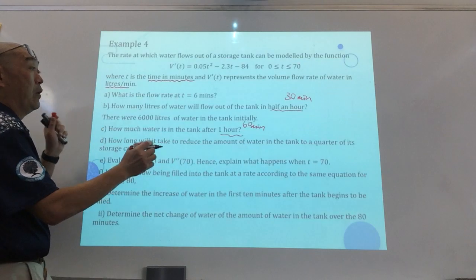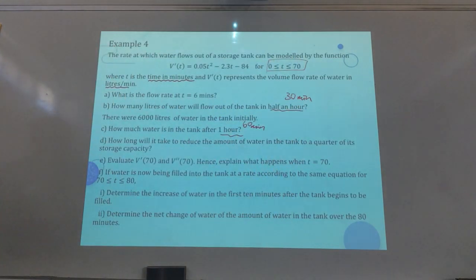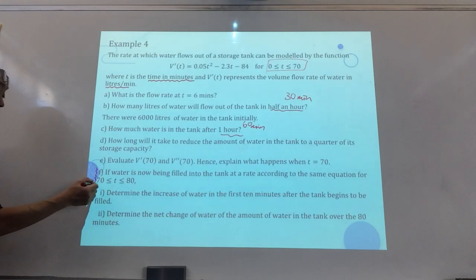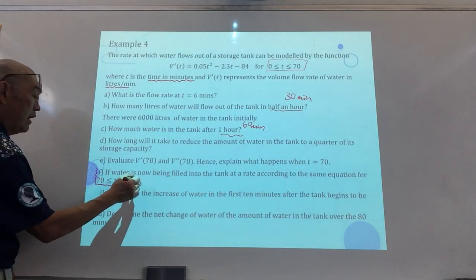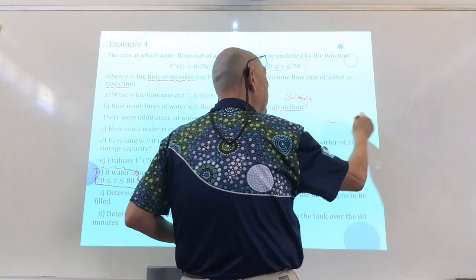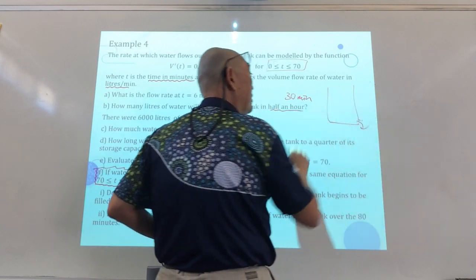Now here, there's also a constraint: 0 to 70. Further down here, it says 70 to 80. What does that mean? Just like I said, the first 70 minutes is modeling water going out.